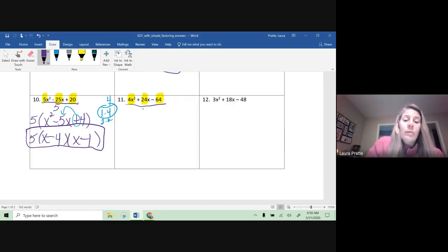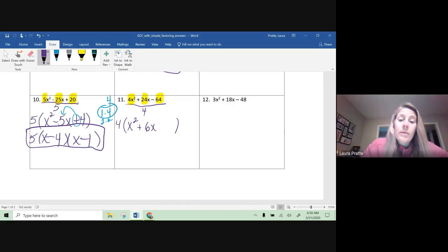So if I'm dividing by the 4, because I want to get rid of that 4 in front of my x squared, that leaves me with just x squared plus 6x minus 16. So now I can factor out that trinomial there. I need my factors of 16, which are 1 and 16, 2 and 8, or 4 and 4.